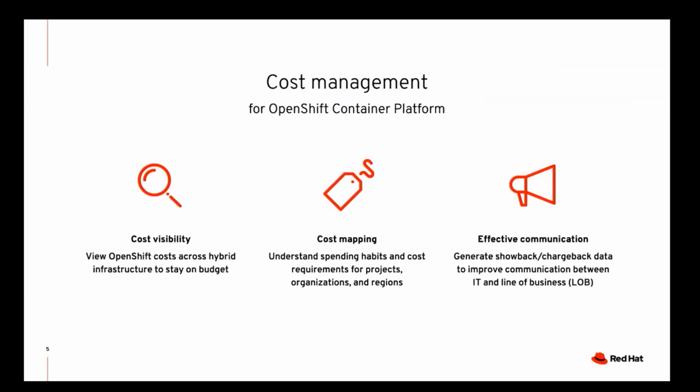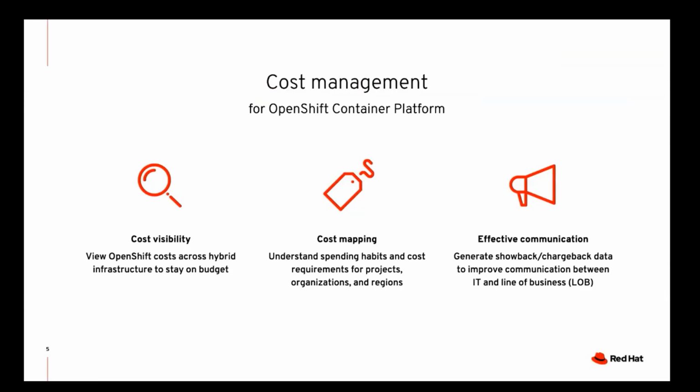So we're creating an application service that is part of the OpenShift Container Platform since version 4.3, and it is going to allow you, first, to see your cost in the cloud, see your cost in OpenShift, and understand what is going on there. The second is to map your business to your infrastructure, to your OpenShift elements, to your cost, and then understand how you're using your infrastructure and your containers properly.